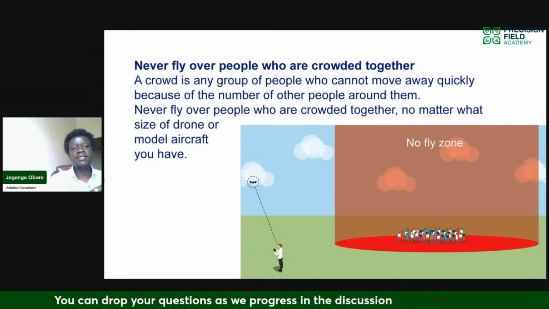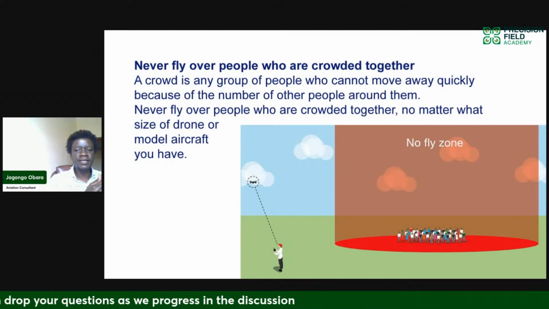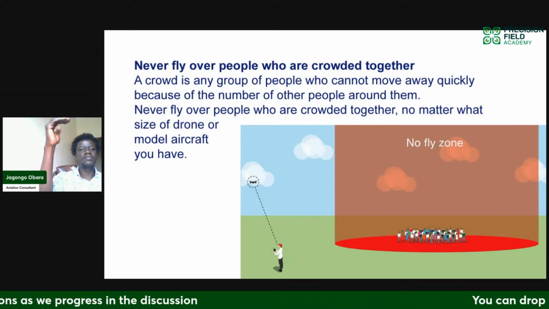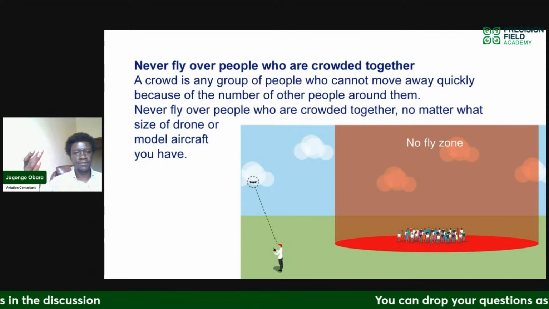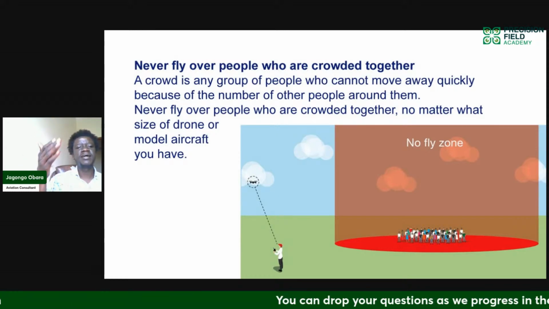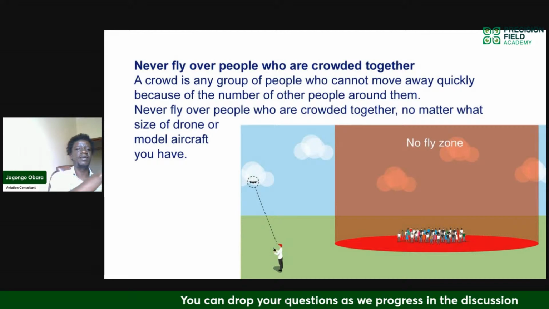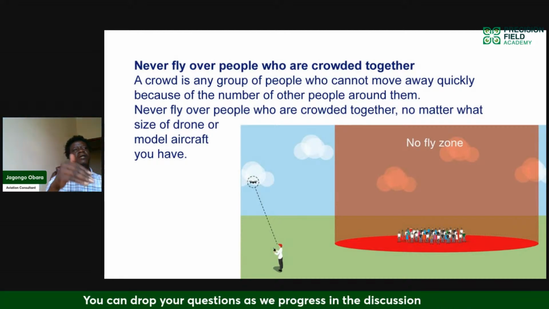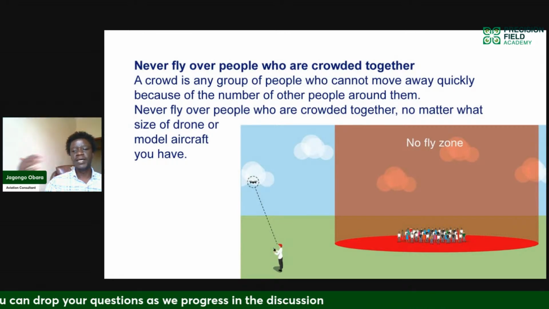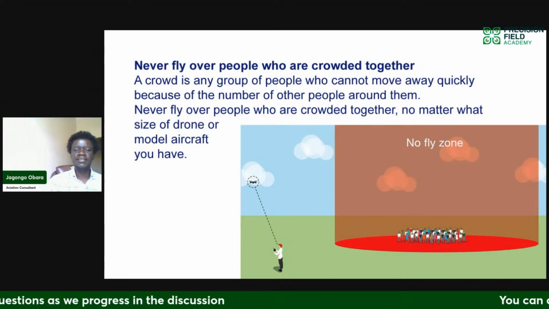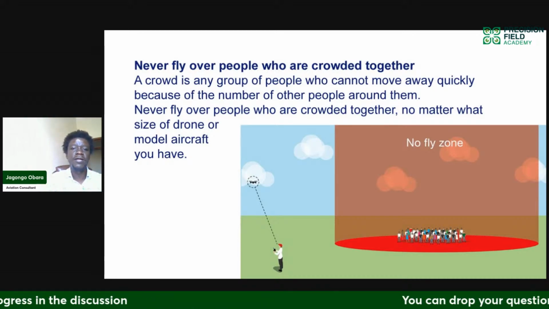The thing is, for safety reasons, if your aircraft was to malfunction for whatever reason, we do not want this aircraft malfunctioning and drifting and slamming into people. We want to avoid that scenario happening as much as possible.